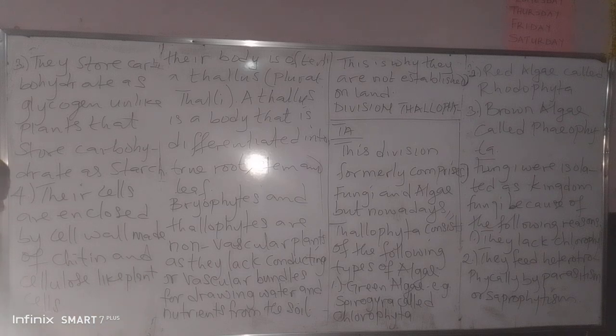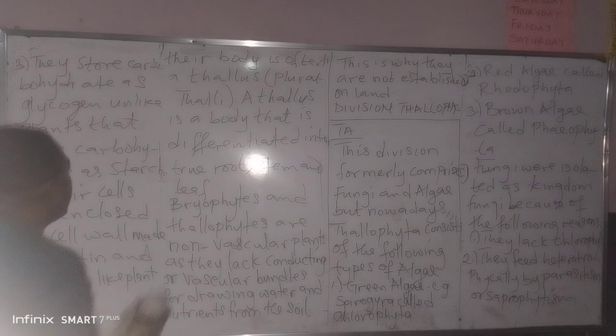So plant cells are enclosed by cell wall made of cellulose. That's why they call it cellulose cell wall. But they also have cell wall, but that cell wall is made up of chitin and not cellulose.